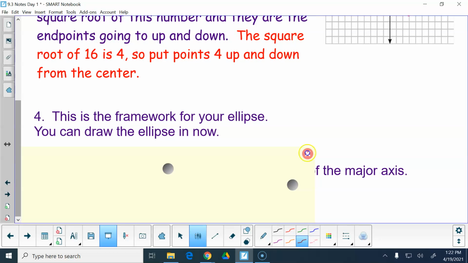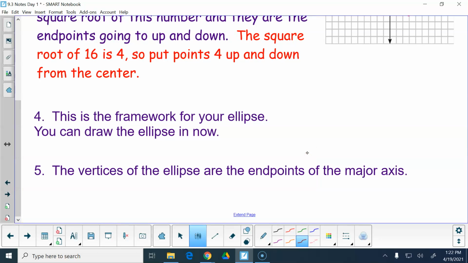Awesome. Part of what we're going to have to find are something called the vertices. The vertices of the ellipse are the endpoints of the major axes.